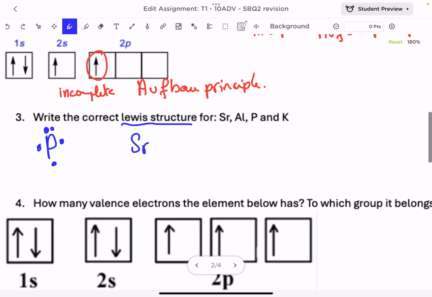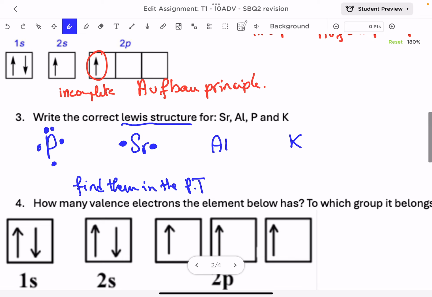For strontium, aluminium, and potassium, find them in the periodic table and see which group. Strontium belongs to group 2, so it has 2 valence electrons. So I need to put 2 electrons around strontium.